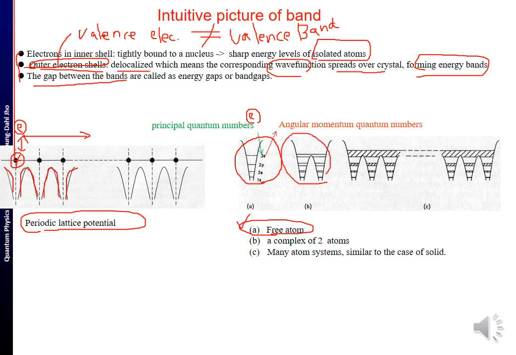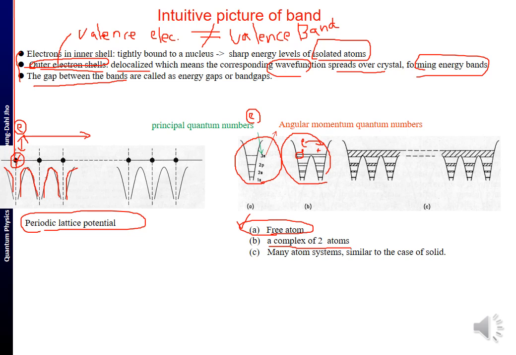Here we have a complex of two atoms. They are very close. When they are very close, an electron can move around from one atom to the other atom. Then the energy state, let's say here it is supposed to be 3s, and now two electrons, their wave functions would overlap in space, which is not allowed by the Pauli exclusion principle.